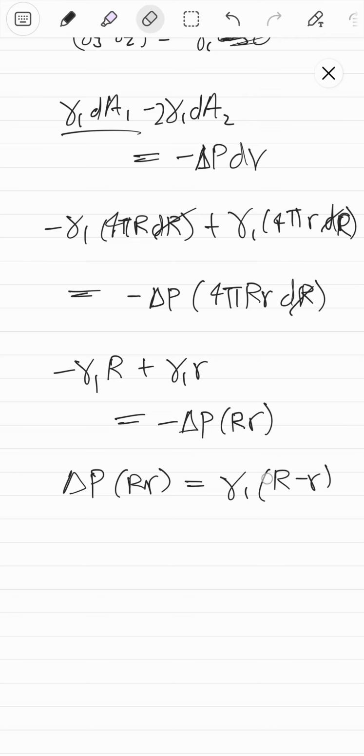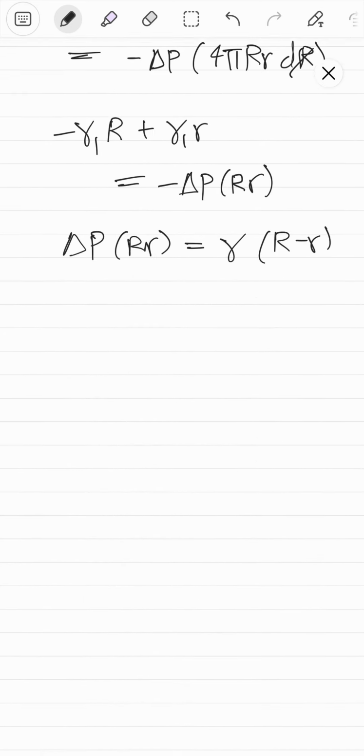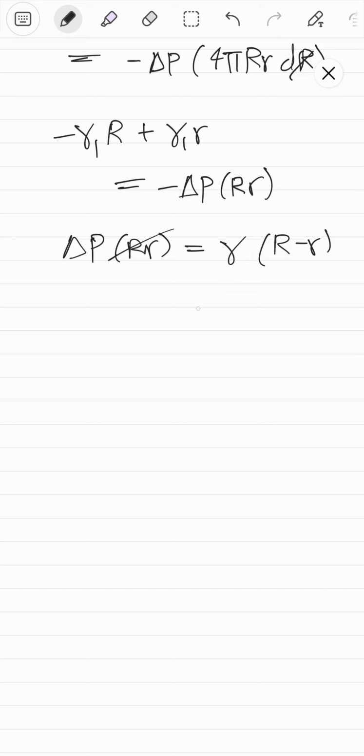And then instead of writing gamma 1, I'll just write gamma, because that is the surface tension that we have to deal with, the surface energy per unit area between air and water. Okay, so dividing by this thing, we just get 1 upon this minus 1 upon that. Oh, it should be the reverse order, right? 1 upon small r minus 1 upon capital R.